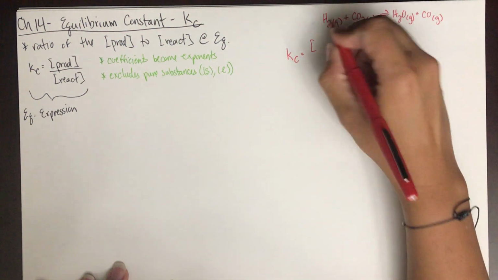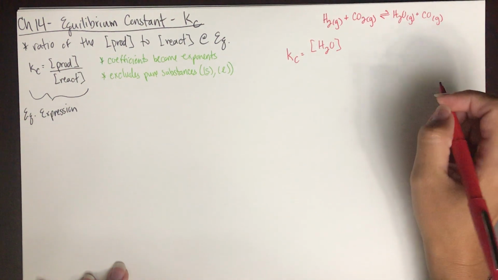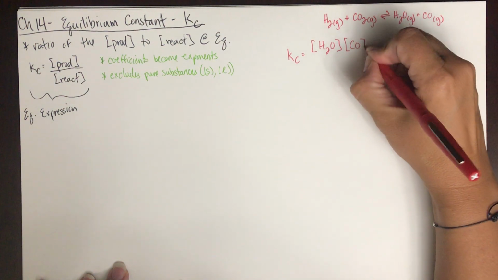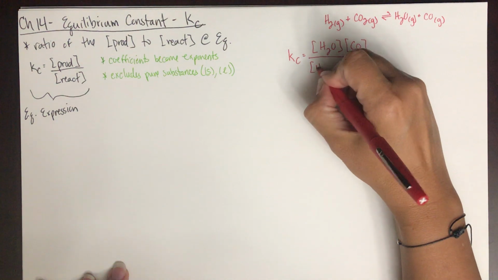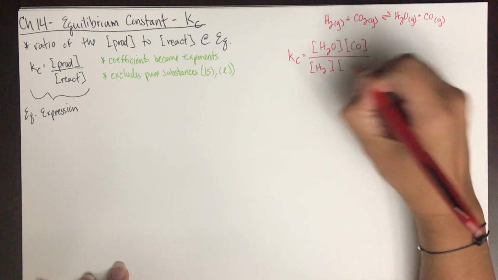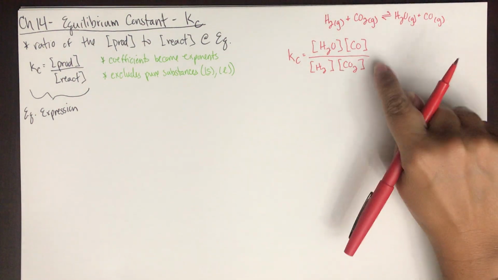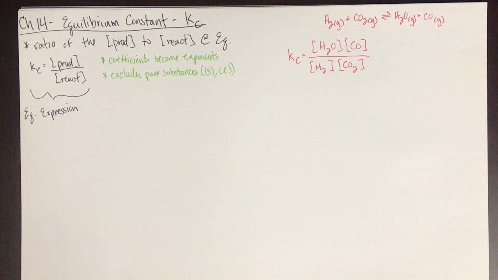So I would say the concentration of water vapor, and you don't have to include the phases in the equilibrium expression, times the concentration of carbon monoxide over the concentration of hydrogen gas times the concentration of carbon dioxide gas. This is the equilibrium expression for this reaction.